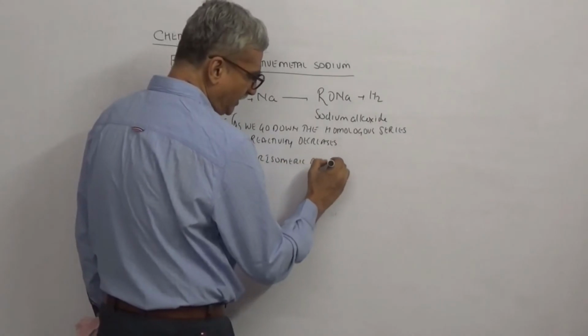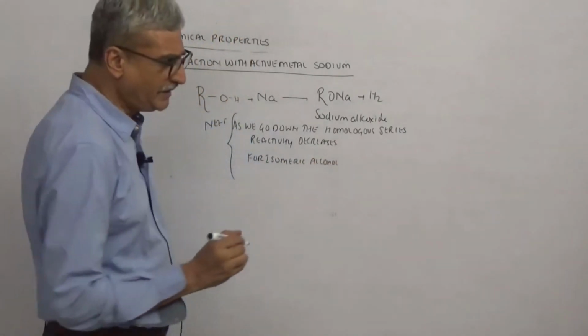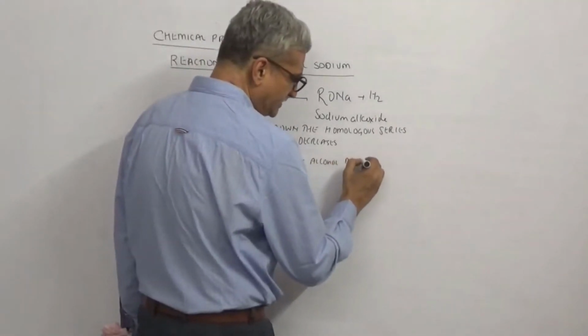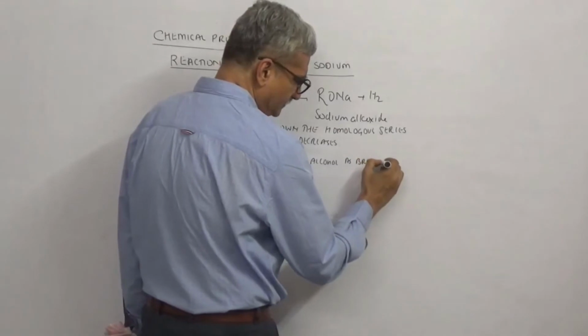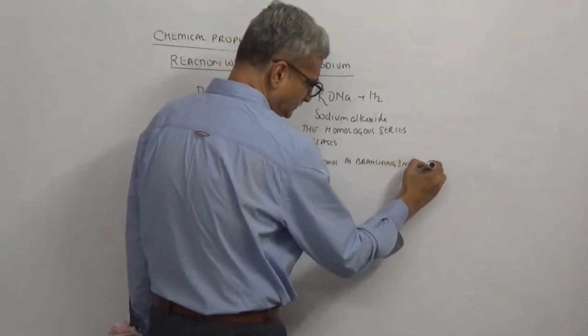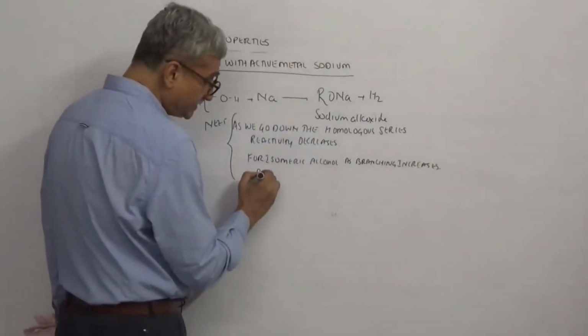For isomeric alcohol, what is going to happen? As branching increases, the reactivity decreases.